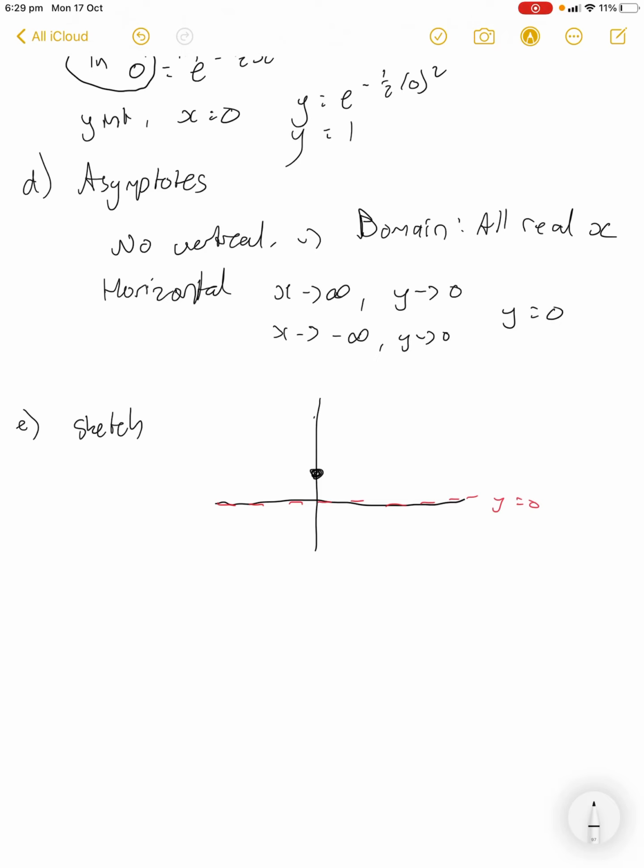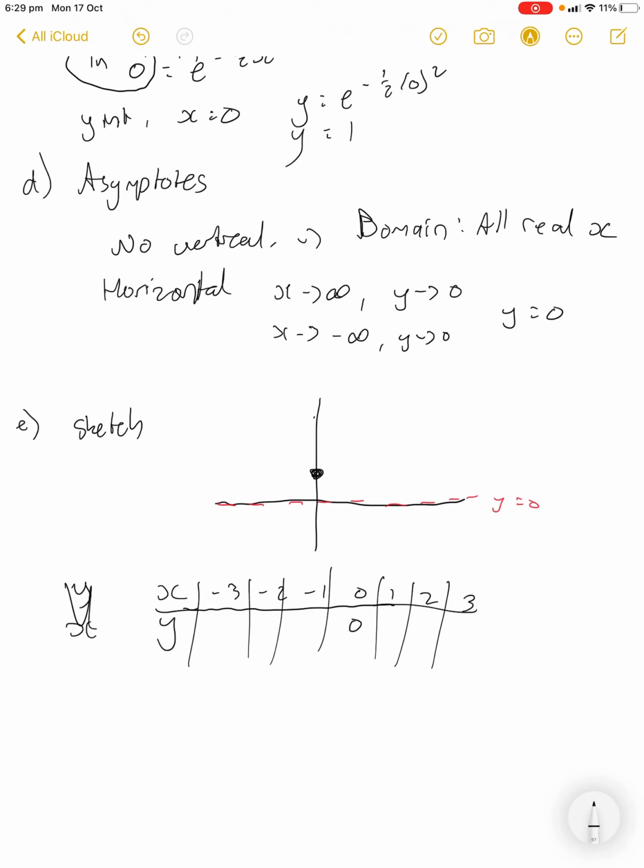If we're not sure what to do in terms of sketching, do a quick table of values and see what the sign of y is and what it is approaching. What you'll notice if you fill out that table is it ends up looking like this.